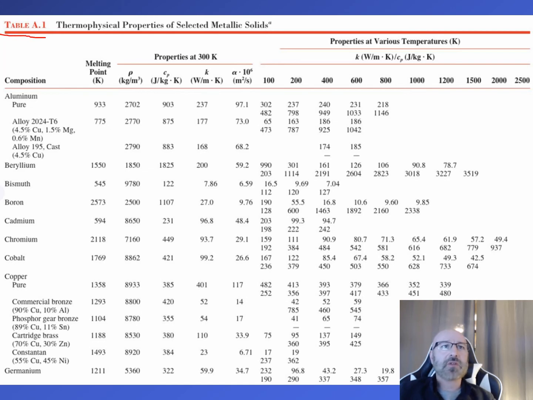So if we talk about this table A1 right here, these are the thermophysical properties of selected metallic solids. This is going to be important. Make sure you understand what material, what medium you're dealing with when you go back to look up these properties in the chart. Sometimes in the more straightforward problems, they're going to tell you your density, your specific heat, your thermal conductivity, all that type of stuff right within the problem statement.